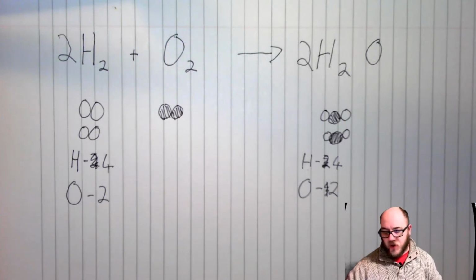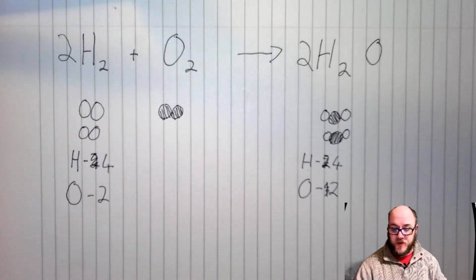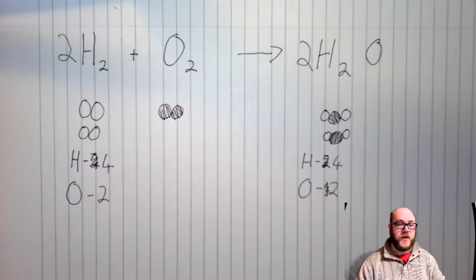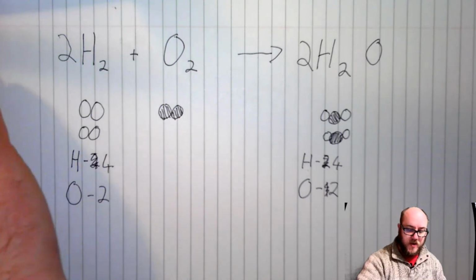It's also worth pointing out here that if you do use the Lego method for revision, that you don't rely on the Lego when you get to the exam. But the idea is you do this enough times that you convince yourself, or you know in yourself, that you can balance these equations, and so you don't have to rely on these Legos anymore.